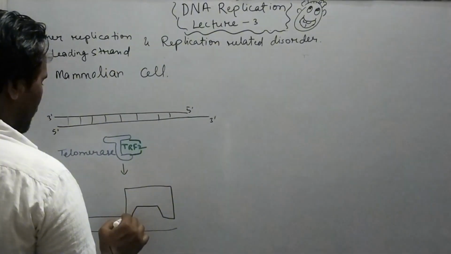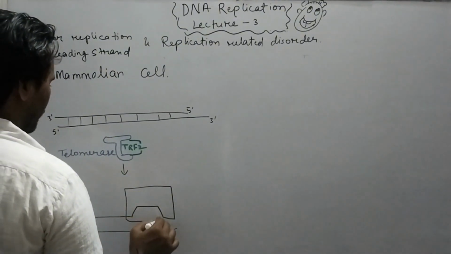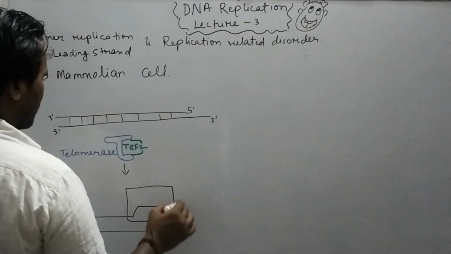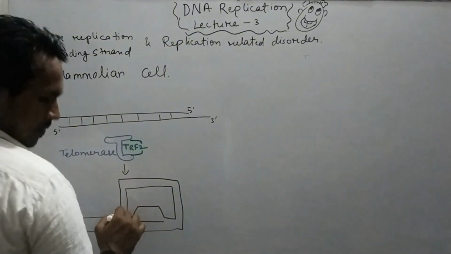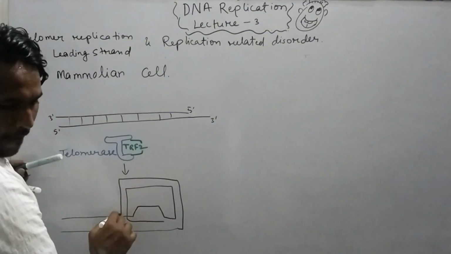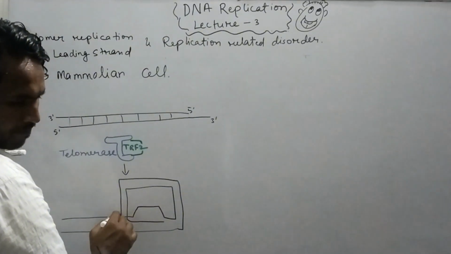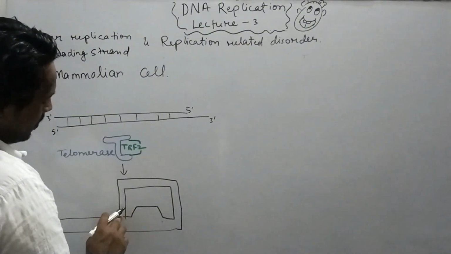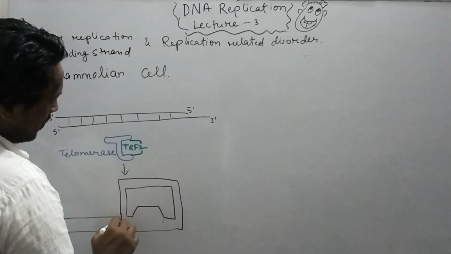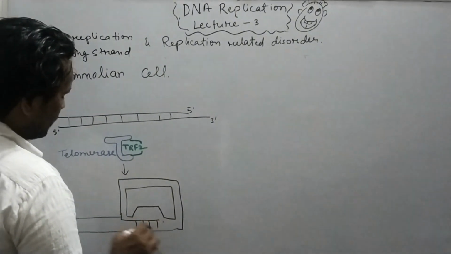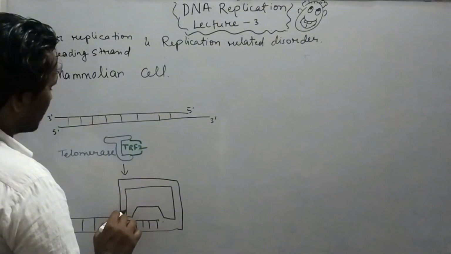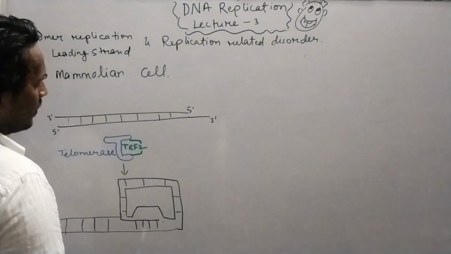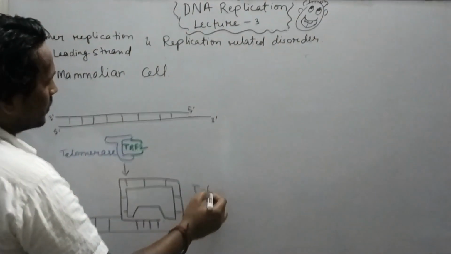It will make a loop over this, like this, and finally this is called a T-loop.